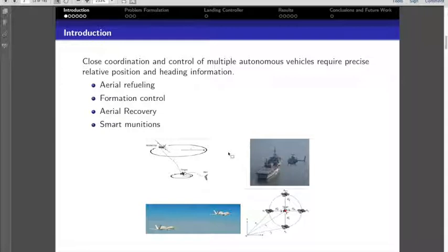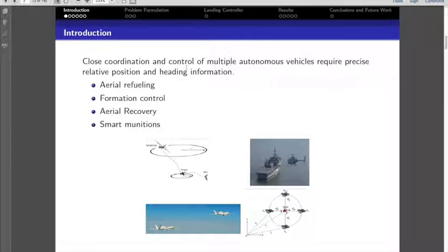These missions need close coordination and control of autonomous vehicles. Okay, and in order to do close coordination and control, you need precise, accurate relative position between vehicles and relative orientation or relative heading, as a matter of fact.